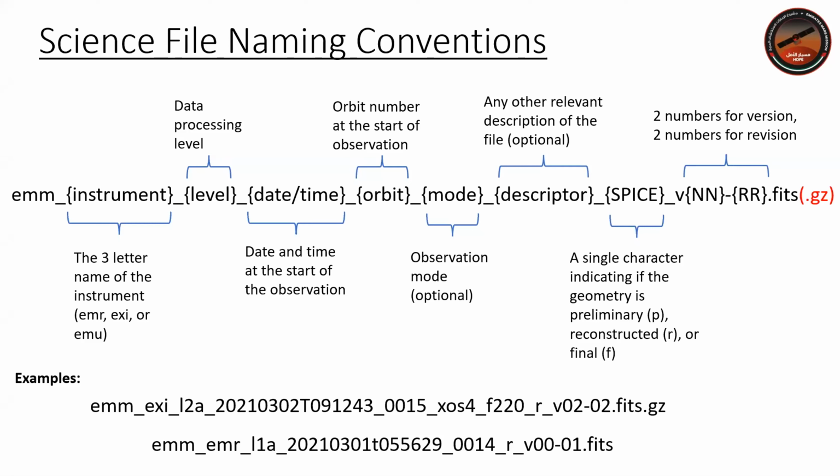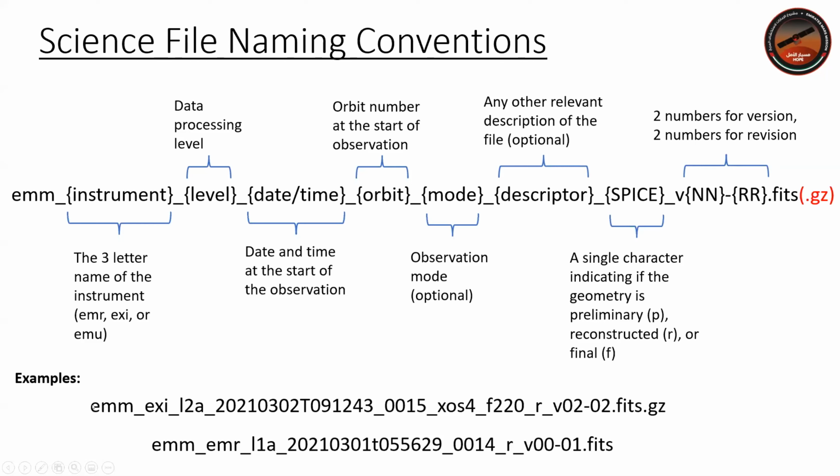As the pipelines for data processing get more refined, these version numbers and revision numbers will go up. So typically we only release the latest versions and revisions to the public. And then I also added this .gz here at the end. Some of the files are in a gzip format, while others are not. Usually any FITS file reader can read gzip files or non-gzip files just fine, so it should be transparent to the users.